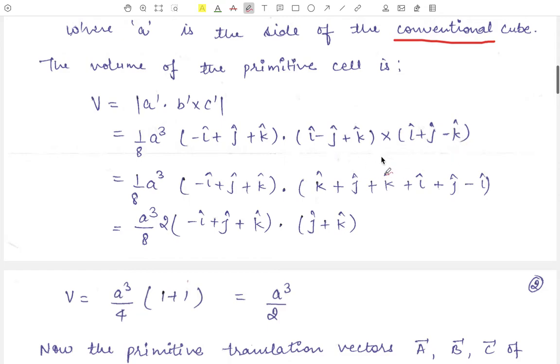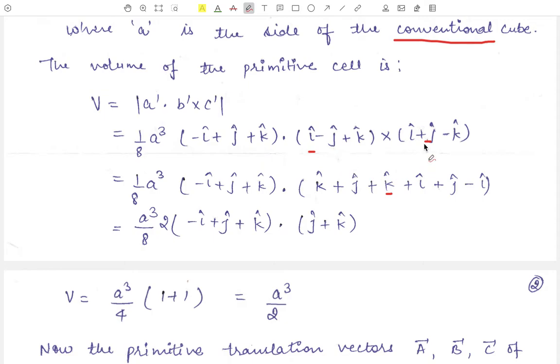Now opening this cross product, i cross i, j cross j and k cross k, these are zeros. Now i cross i is 0, i cross j is equal to k, plus i cross k, that is minus j, and this minus will become plus j cap. Now minus of j cross i, this is equal to minus k, and minus minus will become plus.